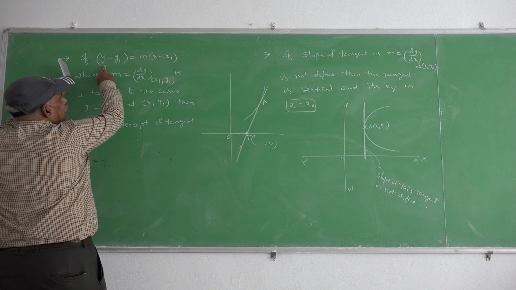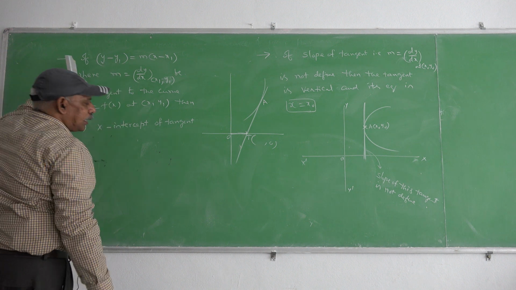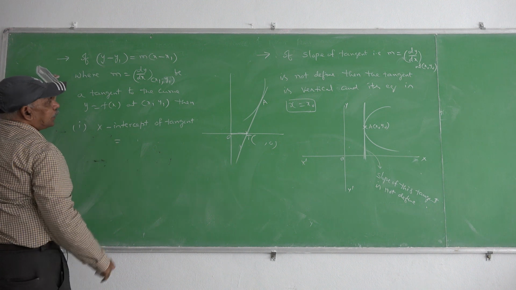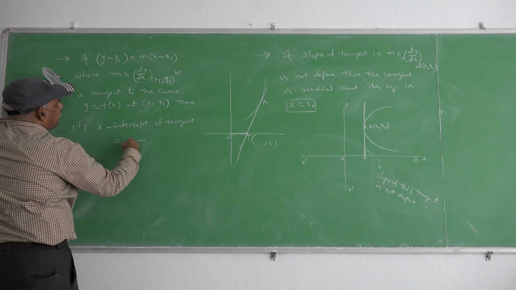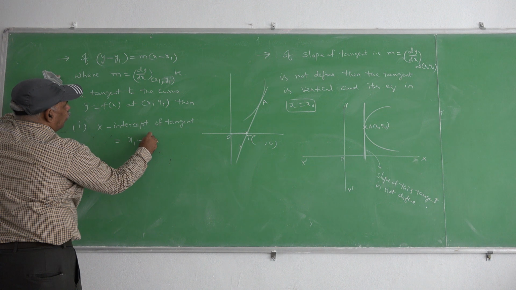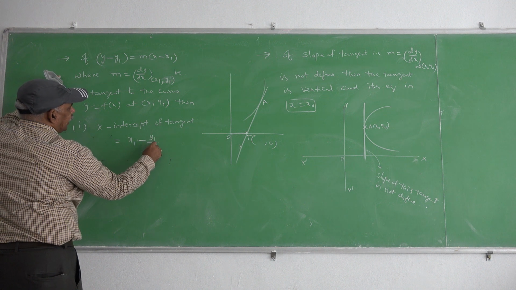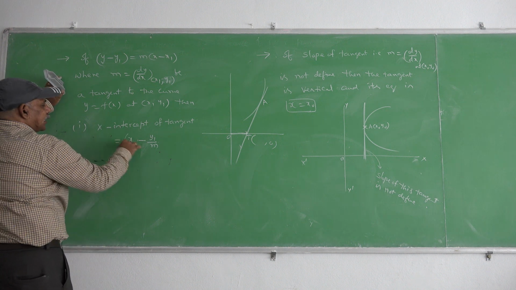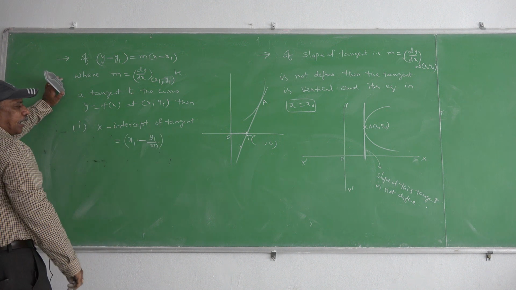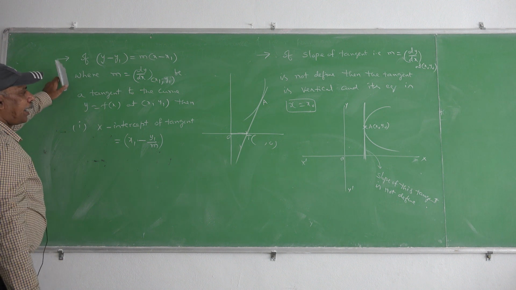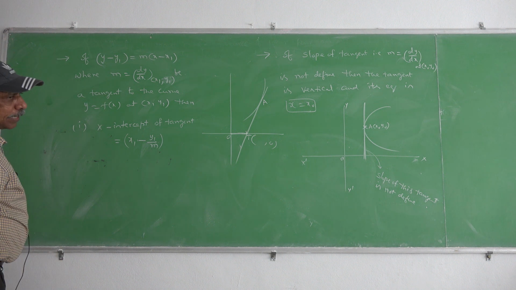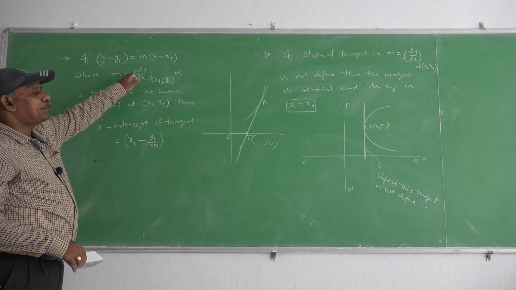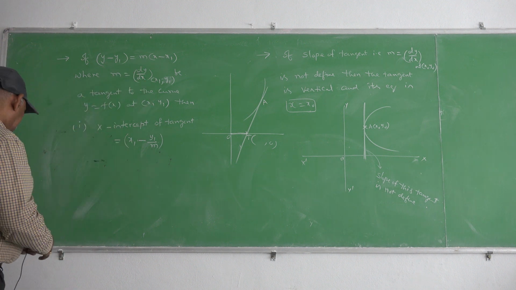So taking y equal to 0, the x-intercept is x1 minus y1 by m, where m is obtained by the derivative of the curve at x1, y1.